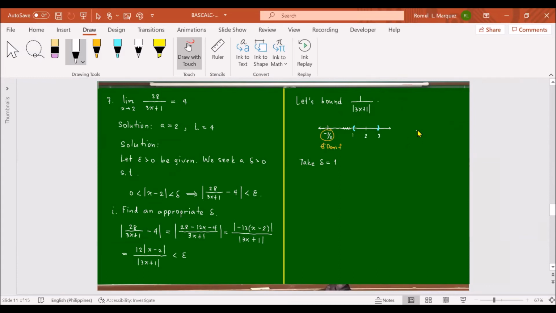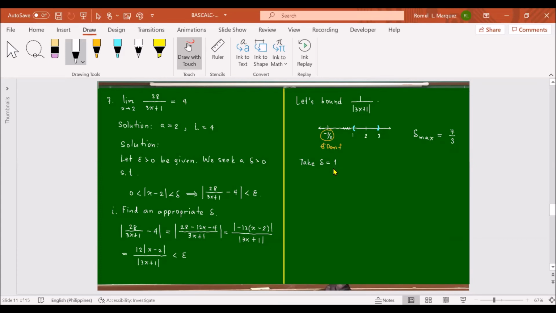So delta max, an upper bound for delta, is 7 over 3, because 2 means 6 over 3 minus 7 over 3, that is negative 1 over 3.